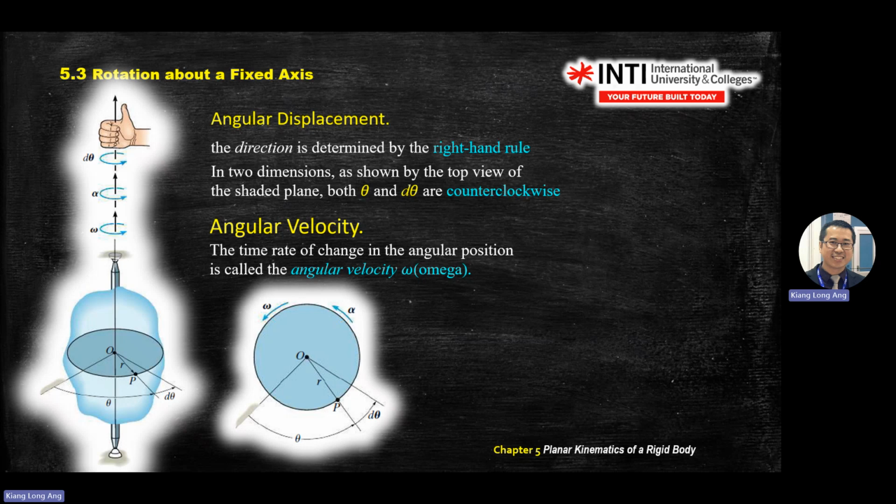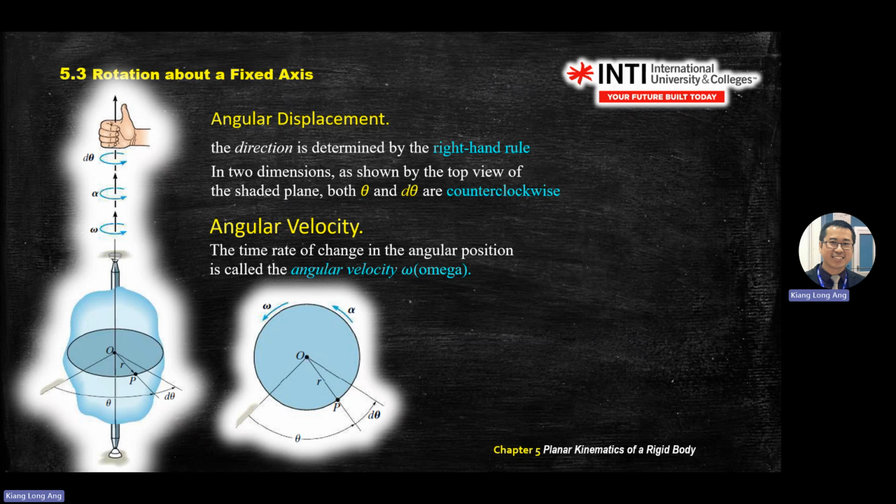From displacement, we convert to velocity. How do we get velocity? With ds/dt. In this case, what is your s? Your s is theta. So when you take the change of angle and differentiate with time, you get velocity. Because it's a rotation, an angular change, we name it angular velocity, or in short omega.